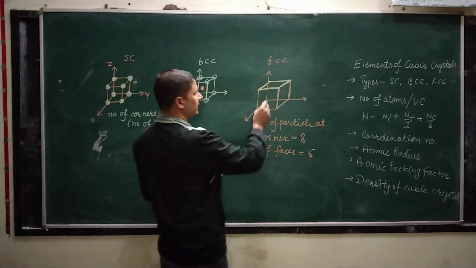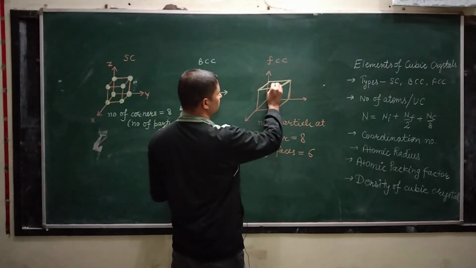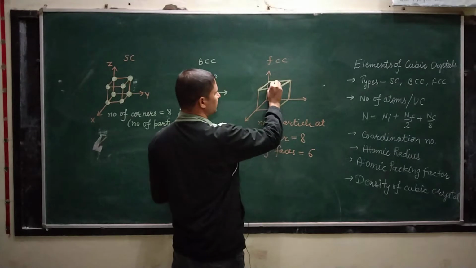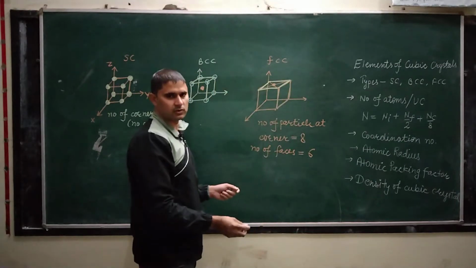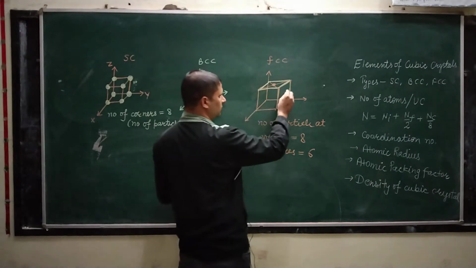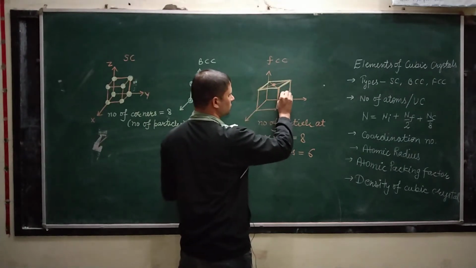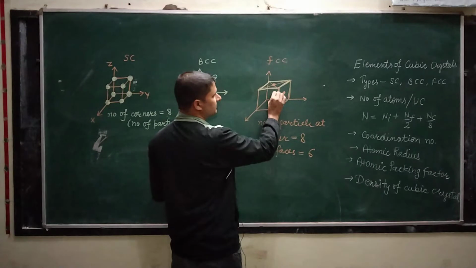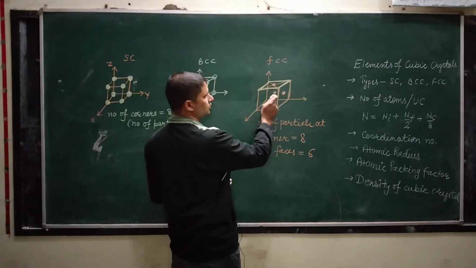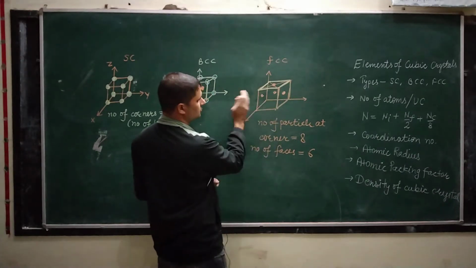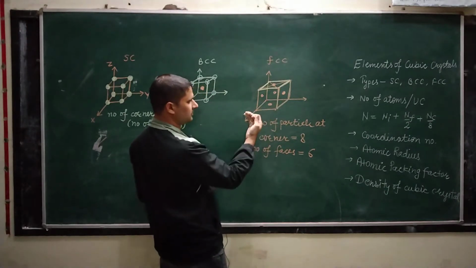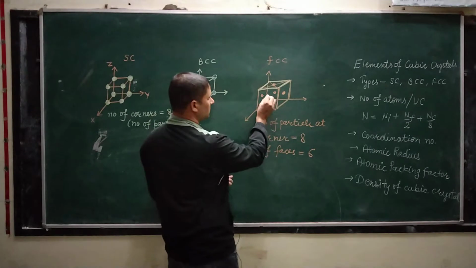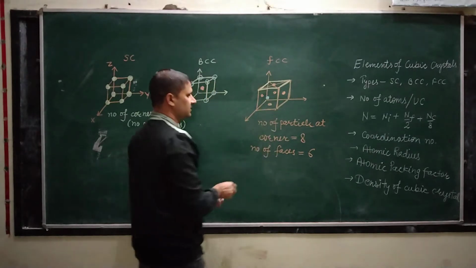Okay class. And in face centered, one particle is present at each face. You will see this is the face diagonal, and at the intersection you have one particle. Here also you have one particle. On the back face, you have one particle. On the side face, you have one particle. On the bottom face, one more particle, and on the front face, you have another particle. I am representing it by this.